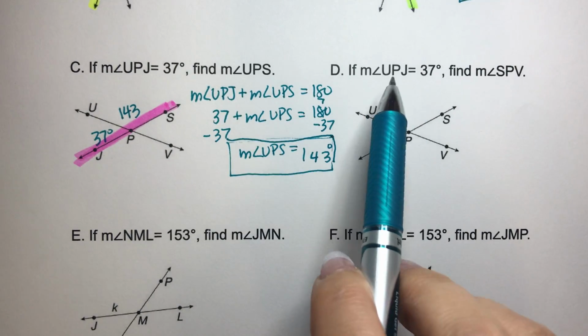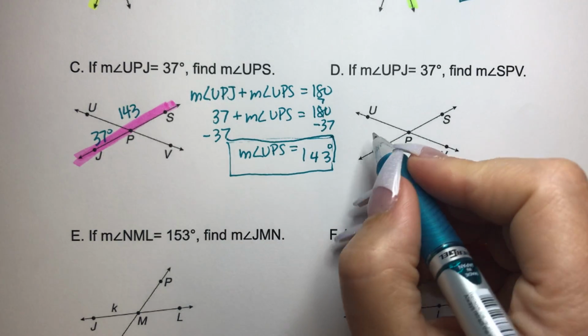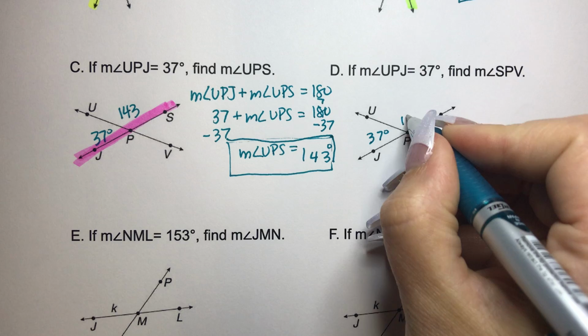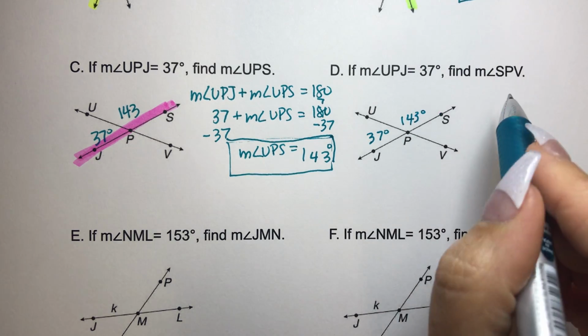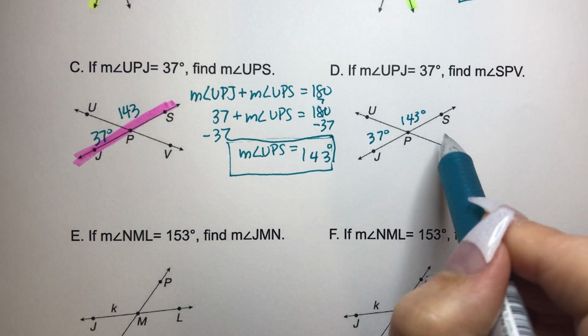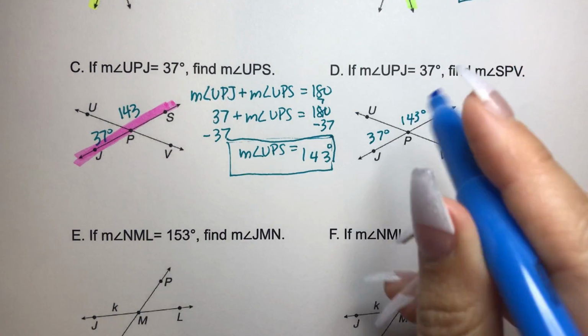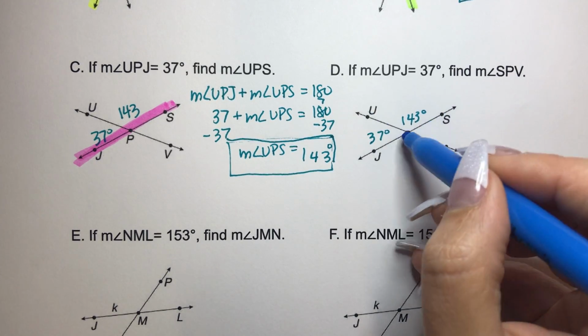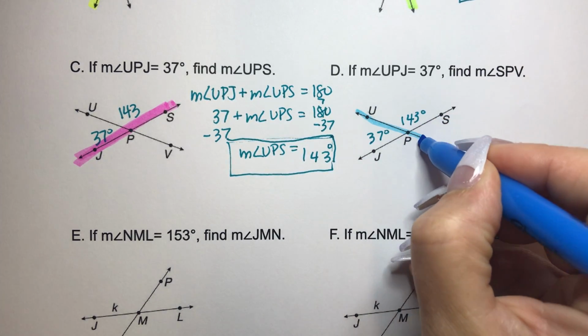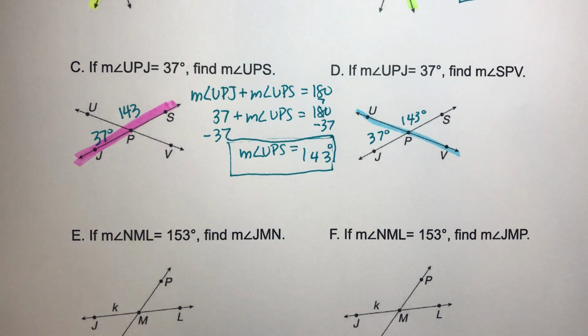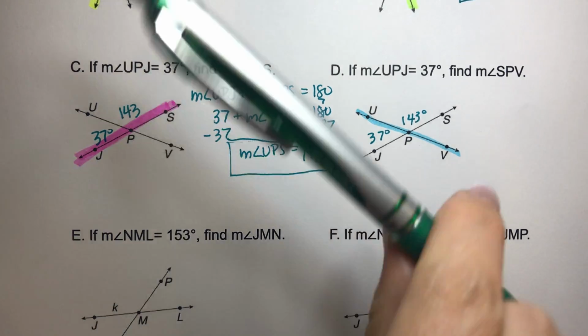Okay, and over here it says UPJ is 37. We just determined that UPS is 143 degrees, and we need to find SPV. If we look at this, we see that UPS and SPV make a straight angle, which is 180 degrees, which means they're supplementary, and those two angles add up to 180 degrees.